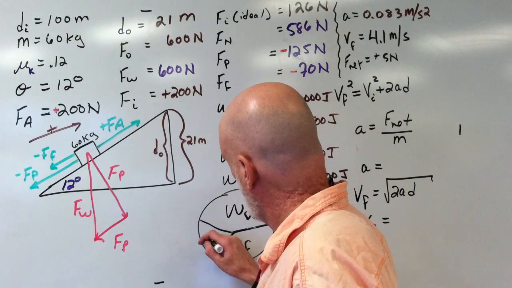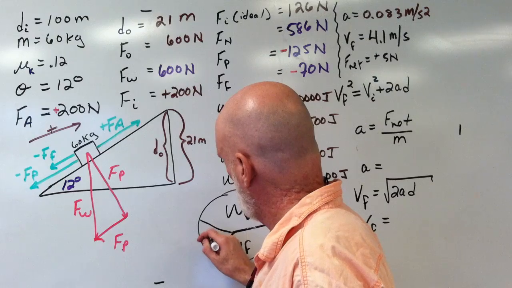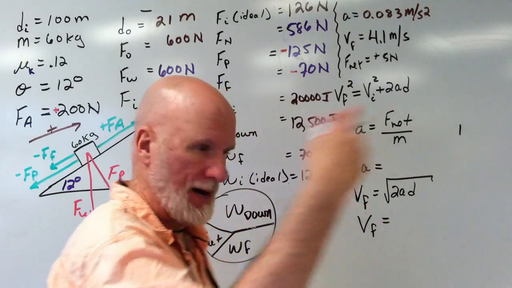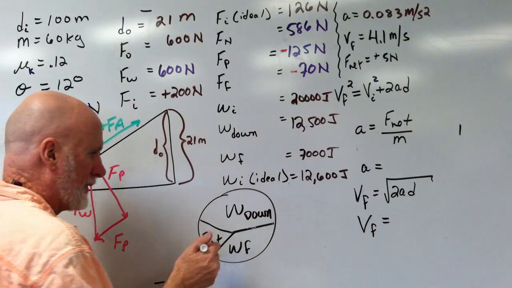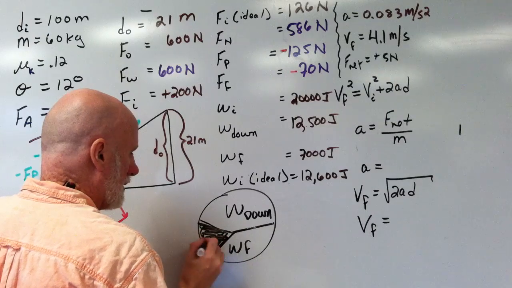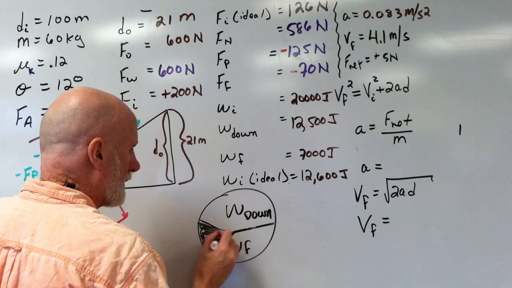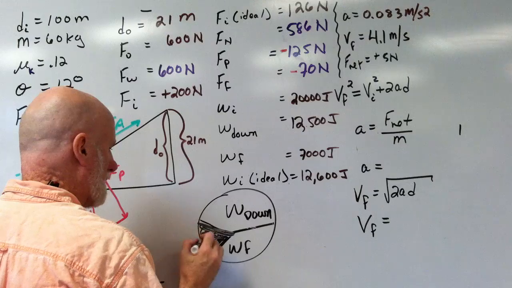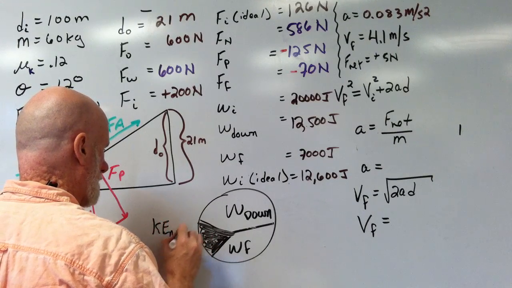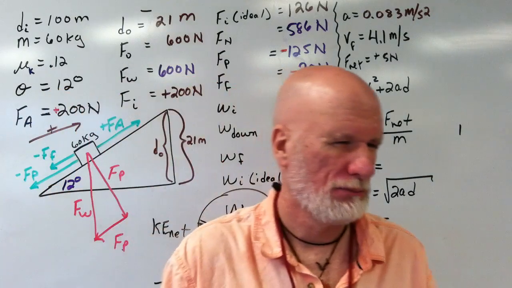The net force, yeah, the 5 newtons, the net force times the 100, right? You see that? So everything else went. So this is going to be kinetic energy net, if you will.